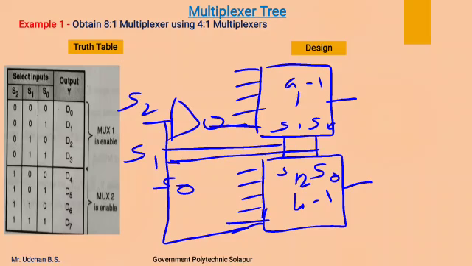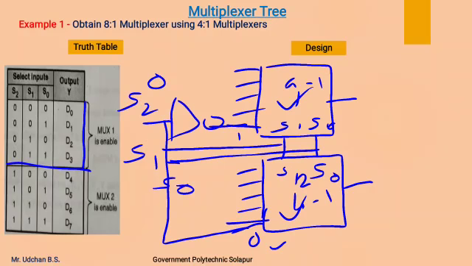Now if we observe the truth table, for the first four outputs, the S2 line is 0, which will make the enable input of the first multiplexer 1 and the enable input of the second multiplexer 0. So as per the truth table, for the first 4 input combinations of the select lines, the first multiplexer will be enabled and the second multiplexer will be disabled, as it has a 0 at its enable terminal.